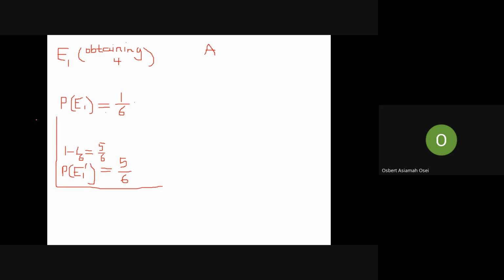So now we go to each of them. We are looking at the probability that it is actually 4. The question says the probability that he will speak the truth, given that it is actually 4, is 2 out of 3.